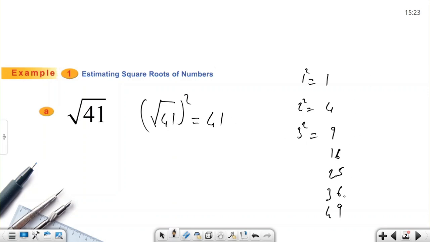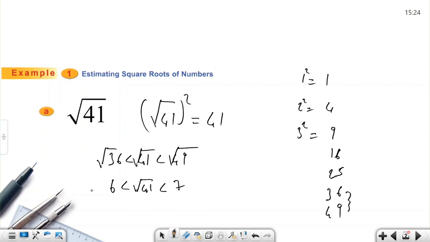Between what perfect squares? As you see, 36 and 49. So 36 is less than 41, and it's less than 49. If you take the square root of each number here, as you see, 6 is less than the square root of 41, and it's less than 7.